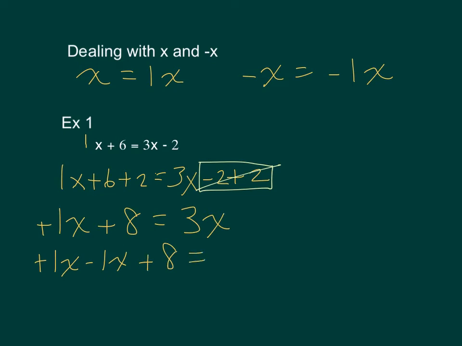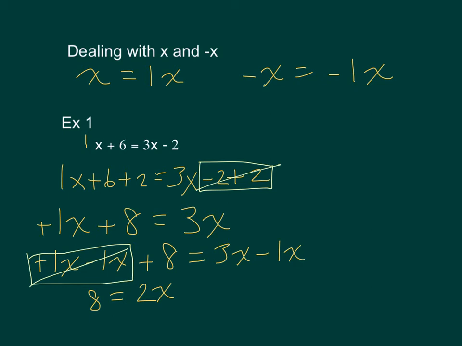If I subtract 1x from the left, I have to also subtract 1x from the right. And again, just like before, plus 1x minus 1x goes to 0. So on the left, I'm just left with 8. And on the right, 3x minus 1x is 2x.